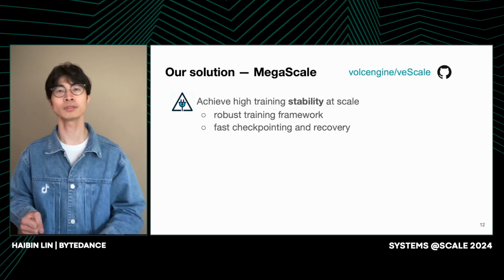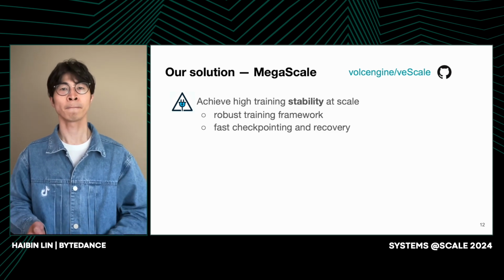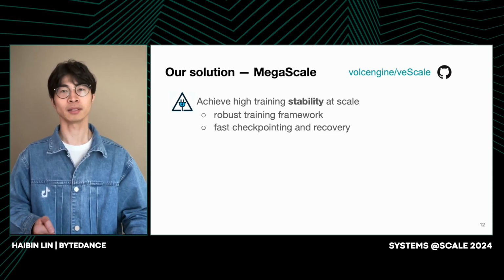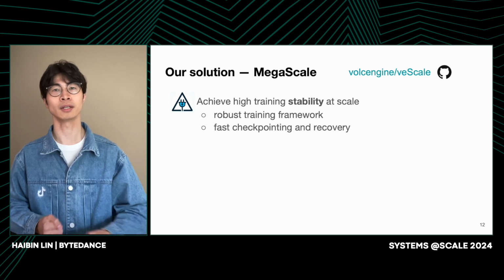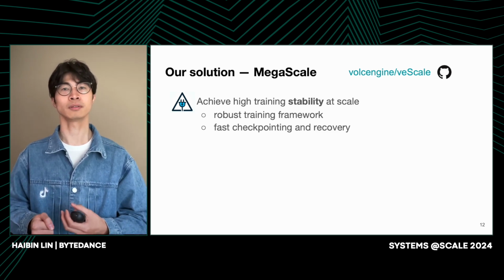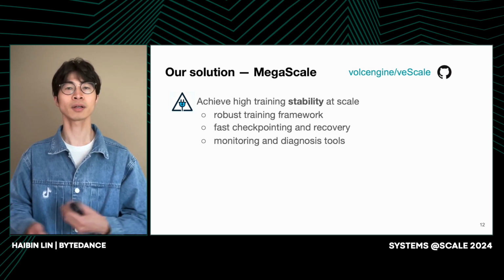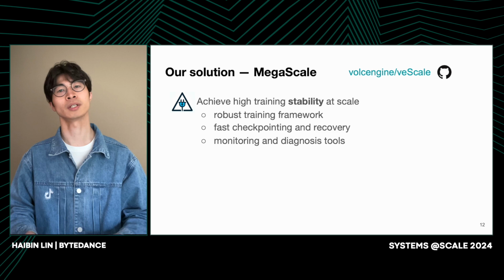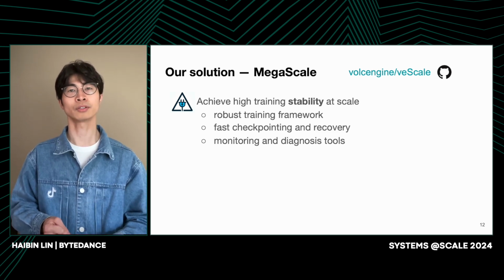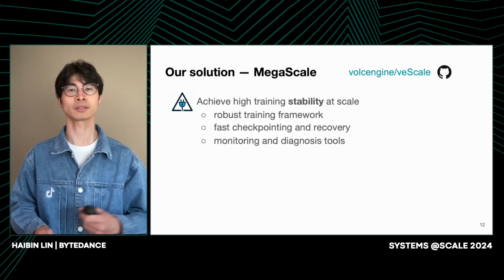We use checkpoints to save and load the states of the training progress. And we need to make it really fast by optimizing the serialization and data movement from memory, disk, and remote storage. And finally, we develop some tools, and we'll share some case studies on the kinds of stability issues we got and how we solved them in the cluster.